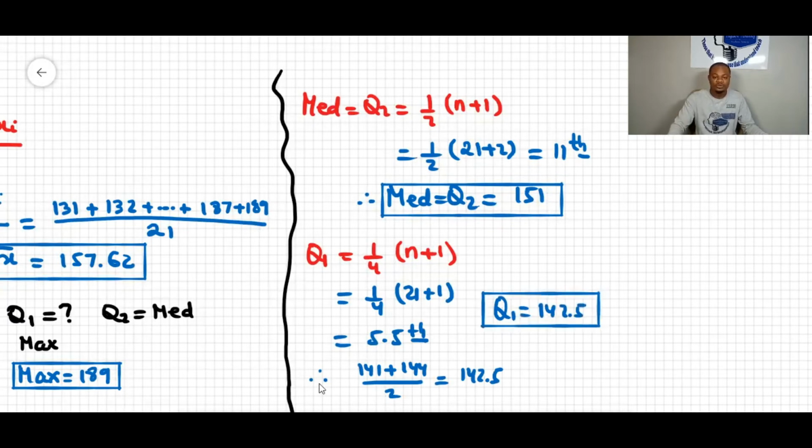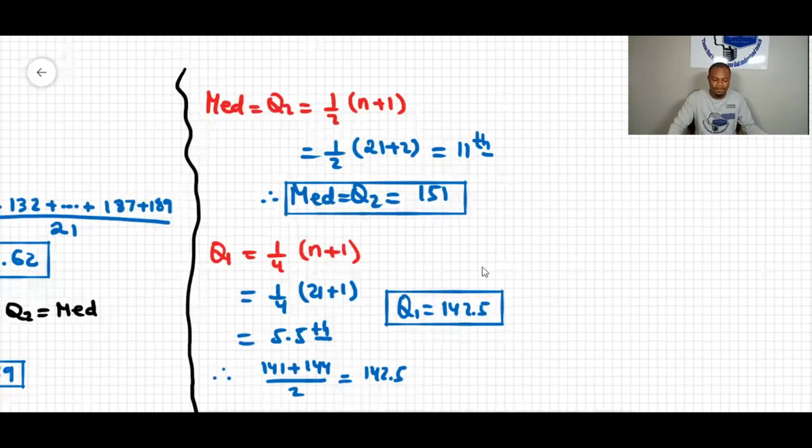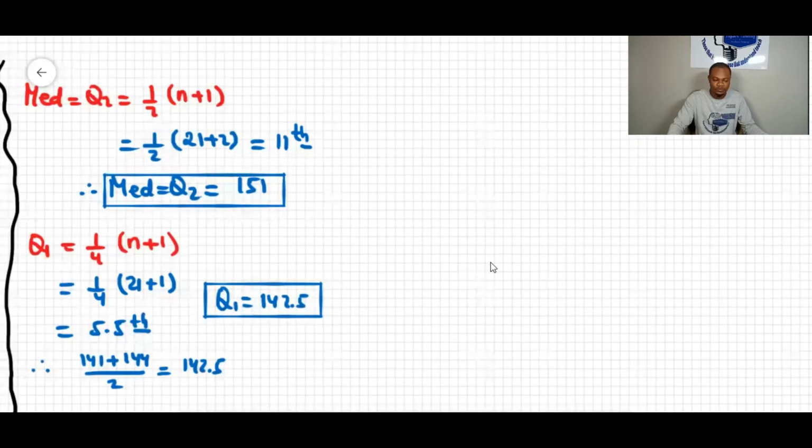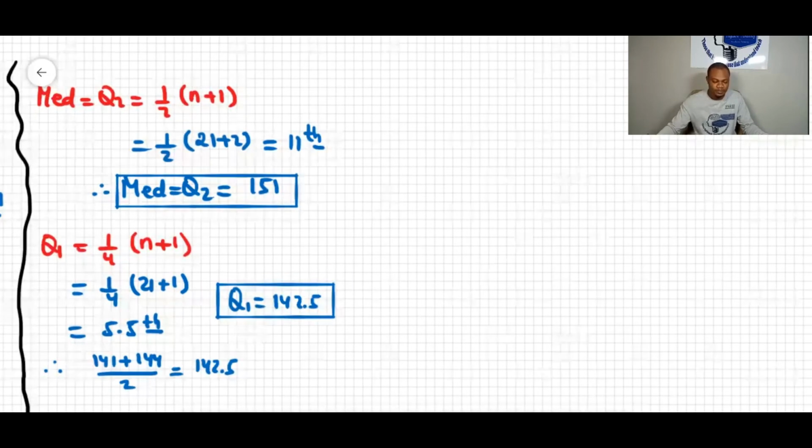Now we need also to find the Q3. Q3 will be given by the third quarter, which will be 3/4 open bracket n plus 1.